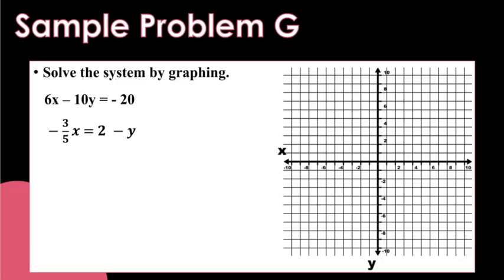Next, solve this one by graphing. So I got -10y equals -6x plus or minus 20, divided by -10.